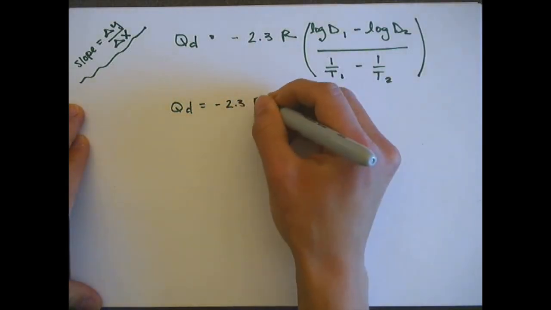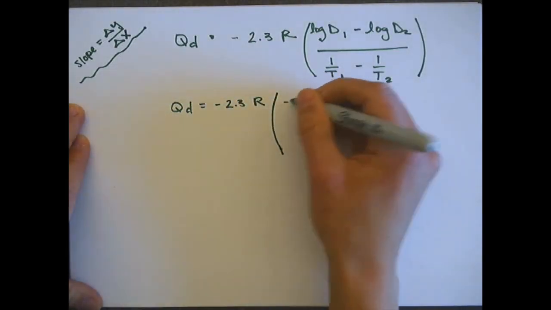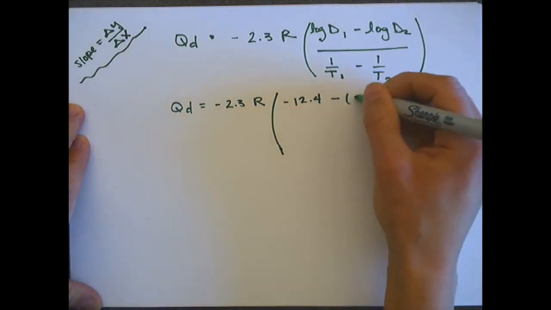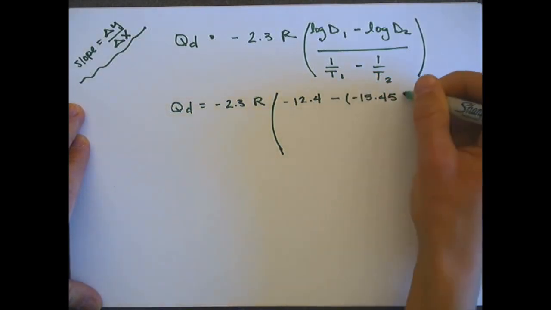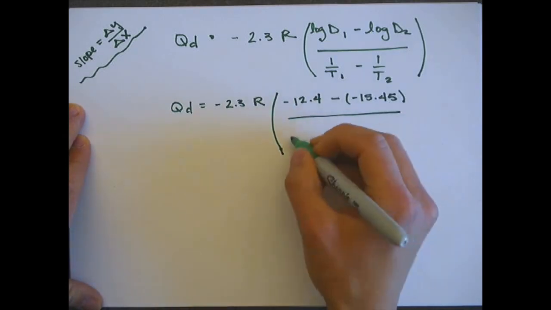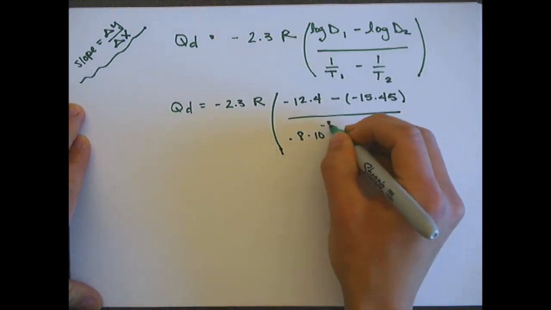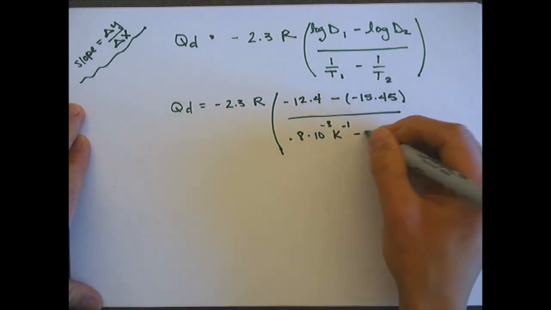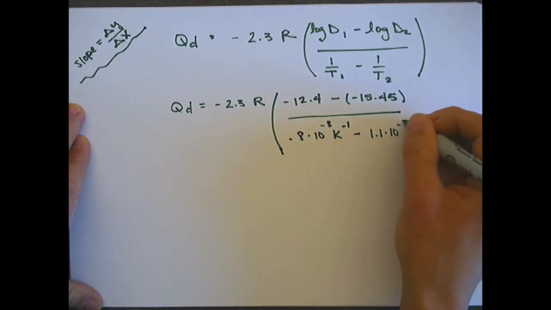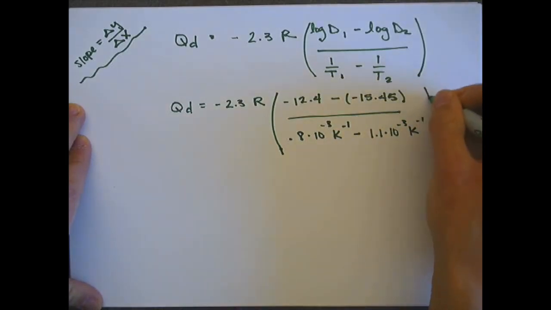So Q_d equals negative 2.3R, now we'll insert our own values of negative 12.4 and negative 15.45, subtracting those, and then we are going to subtract our first inverse temperature from our second inverse temperature, so we have Kelvin to the negative 1.